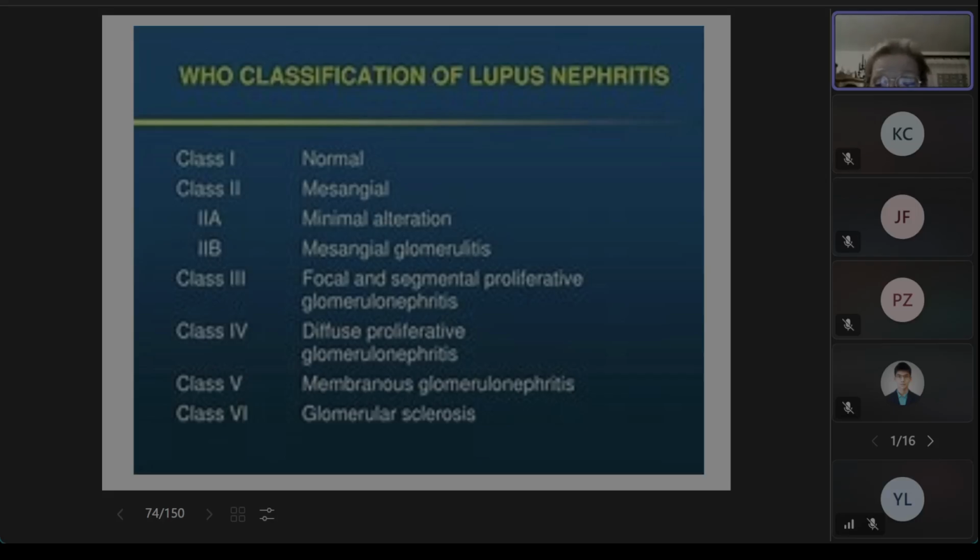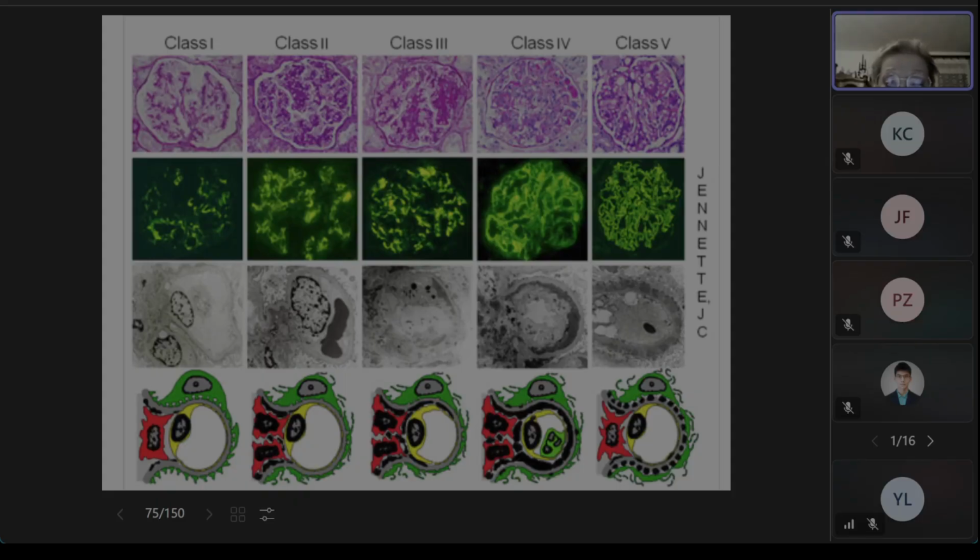On the next slide, I think it is quite a nice slide, because in the upper part you can see the pictures from light microscopy, with hematoxylin and eosin staining. The second part is the picture from immunofluorescent microscopy.